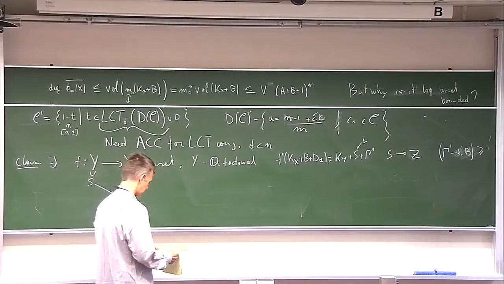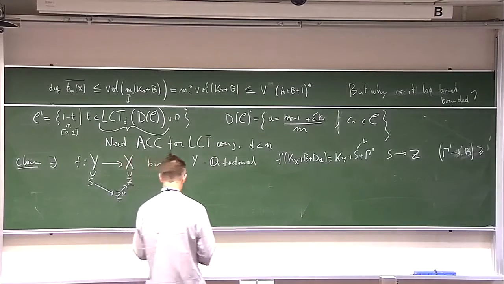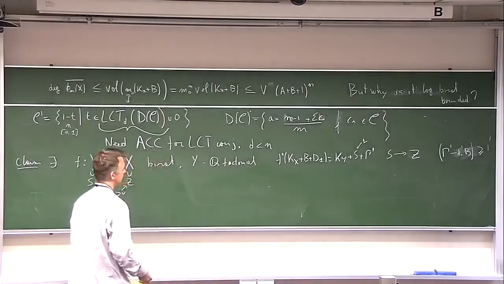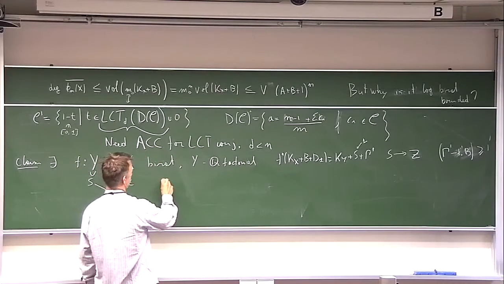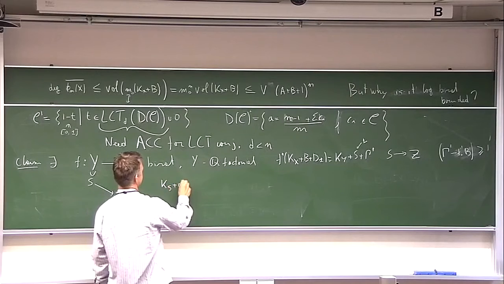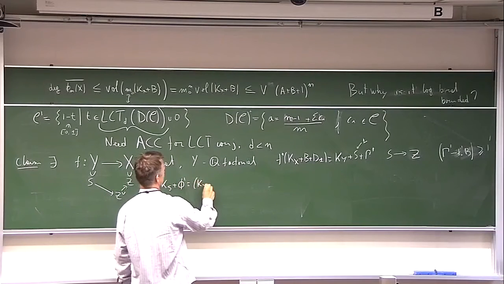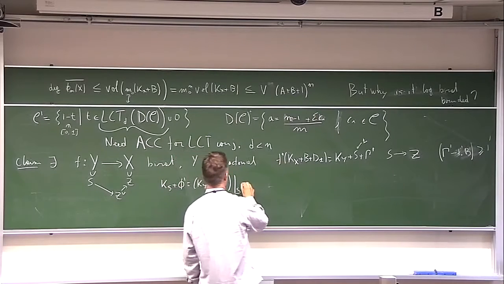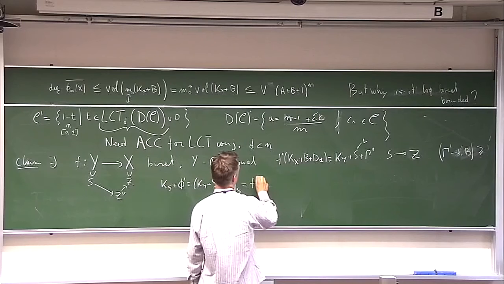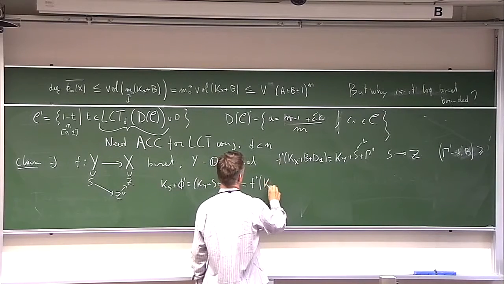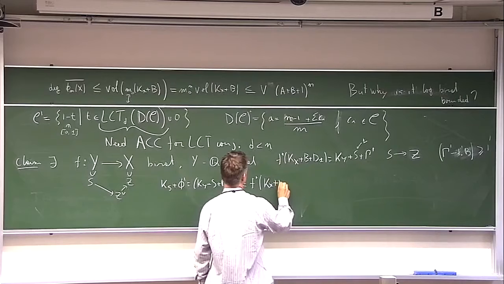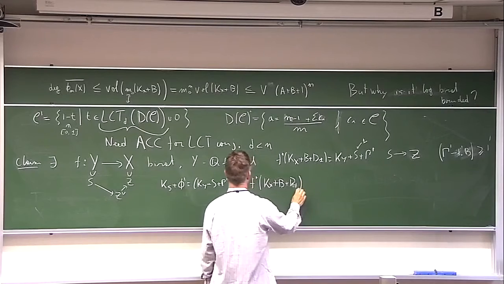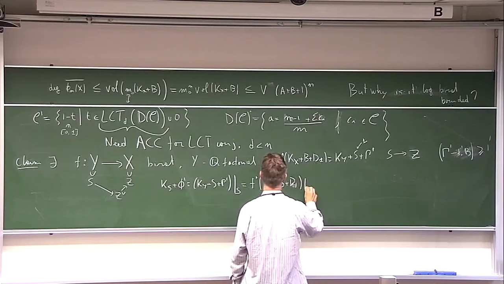And then what Kawamata subadjunction tells you is that you can write Ks plus phi prime. This is the restriction of Ky plus S plus gamma prime to S. And this is the pullback of the restriction of Kx plus B plus D1 to, let's say, Z nu.